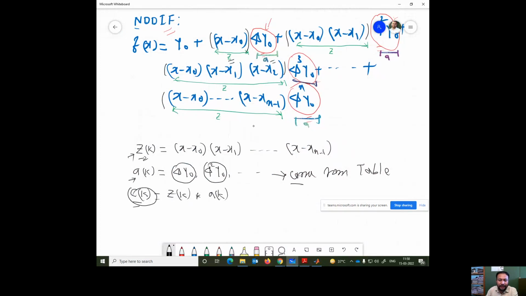And ck is the multiplication of ak and zk. Why is it so? In the Newton divided difference interpolation formula, x minus x naught is multiplied by delta y naught, and x minus x naught into x minus x1 is multiplied by delta square y naught. So let us define z, a, and c.